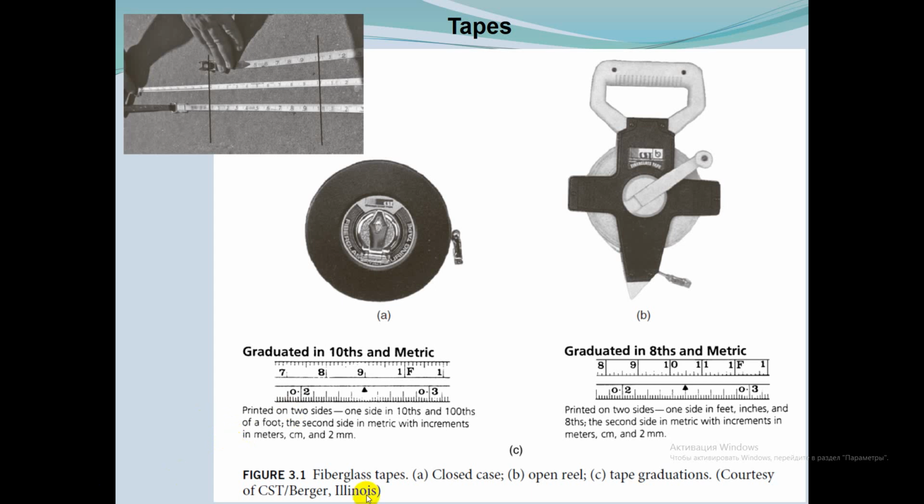So you can see a closed case tape and an open reel tape, and the tape graduation. Tape can be graduated in tenths and metric, and in eighths and metric.